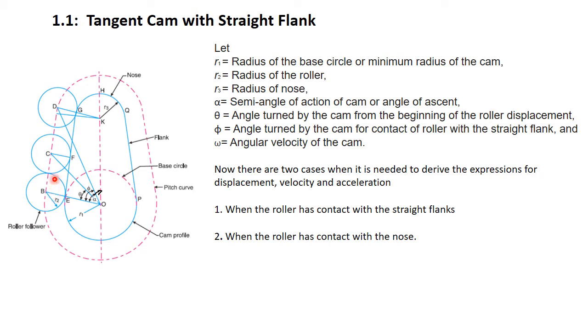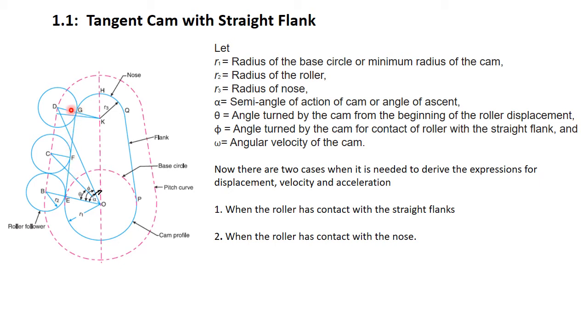So when the roller moves on the surface of flank, phi is the maximum angle turned by the cam, right? So we can see here that the displacement starts at point E, and as the roller moves ahead and contact reaches G, the roller is going to follow this profile of flank, right?